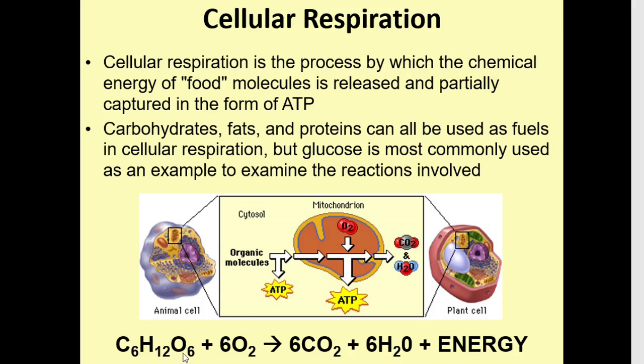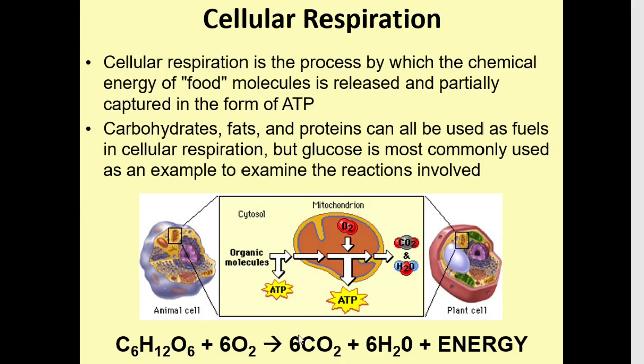So hopefully you remember that C6H12O6 is the molecular formula for glucose: 6 carbons, 12 hydrogens, and 6 oxygens. We take a glucose molecule, we take 6 oxygen molecules, and that converts into 6 CO2 molecules.